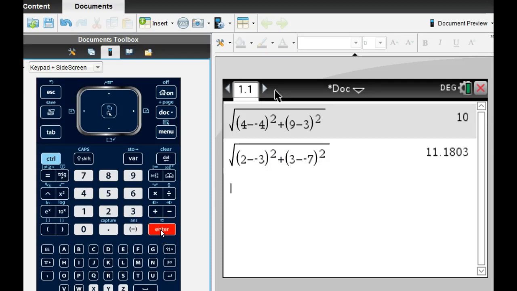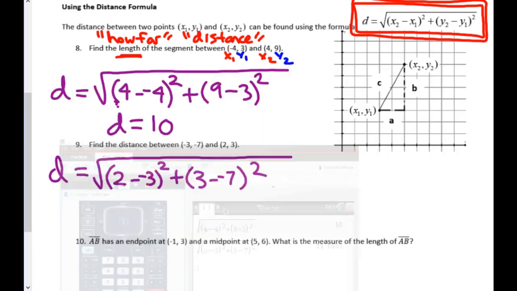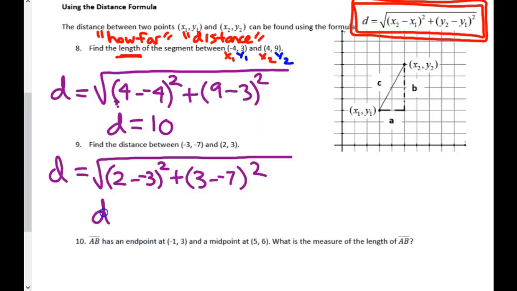Okay. So this time we're going to get a decimal, 11.18. We're going to round to 2 decimal places. So the 8, the 0 after the 8 makes it stay 8. So 11.18 is what I got for my distance. Does anyone have any questions on how to get that? Or did you get something wrong?